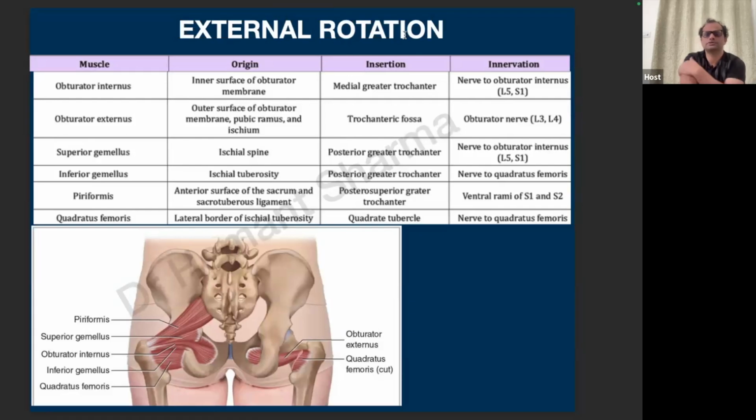The external rotation is done by many muscles. If you remember, we have discussed the 7 groups of muscles, 7 muscles. They do the lateral rotation of the hip.